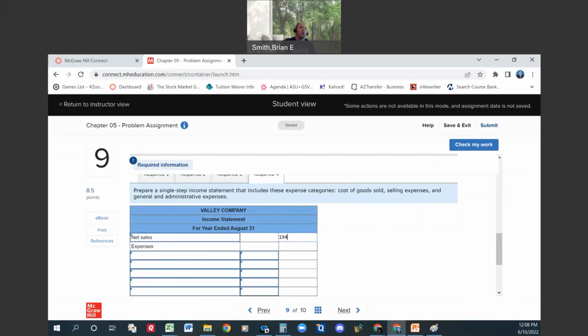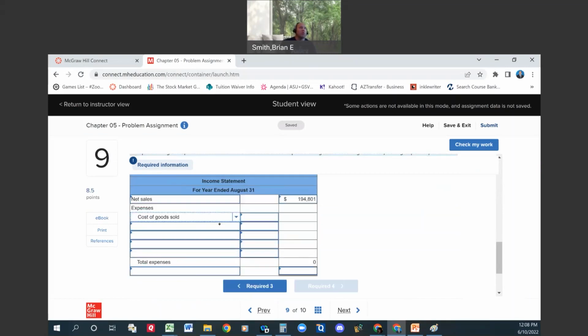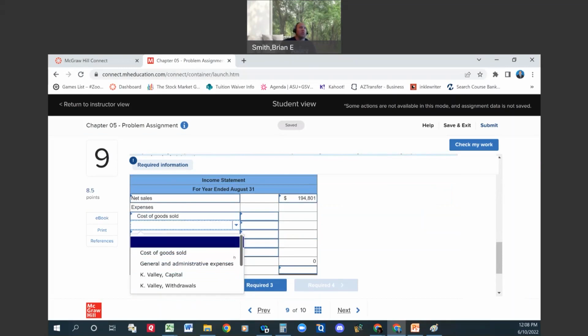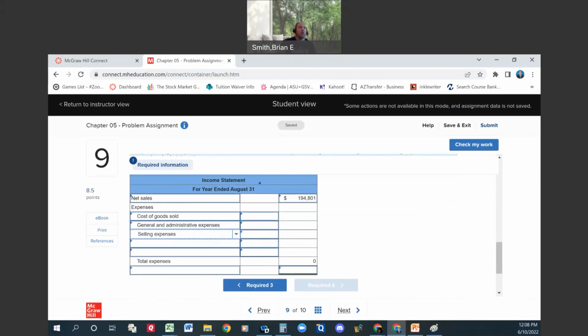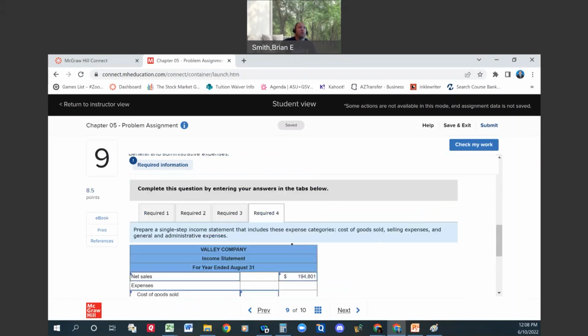We're going to come over here to cost of goods sold. Then we're going to go to general administrative expenses. We're basically going to sum up all these selling expenses. So we're going to come over here because we already did it for us.